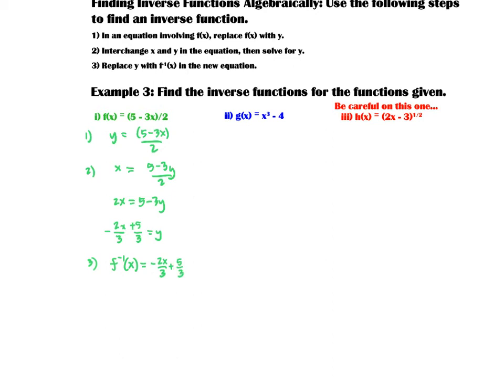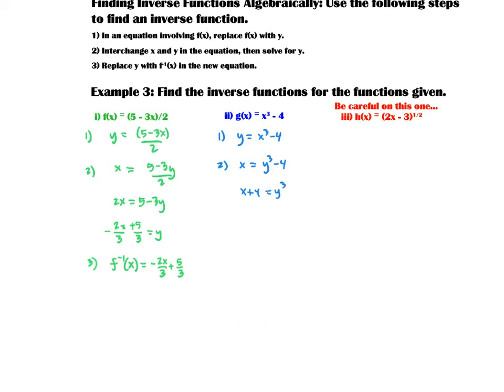That's a linear function. Let's look at a cubic now for g of x. So step 1, replace g of x in this case with y. That'll be x cubed minus 4. Step 2, swap the x and the y, as well as solve. So we're going to add 4.